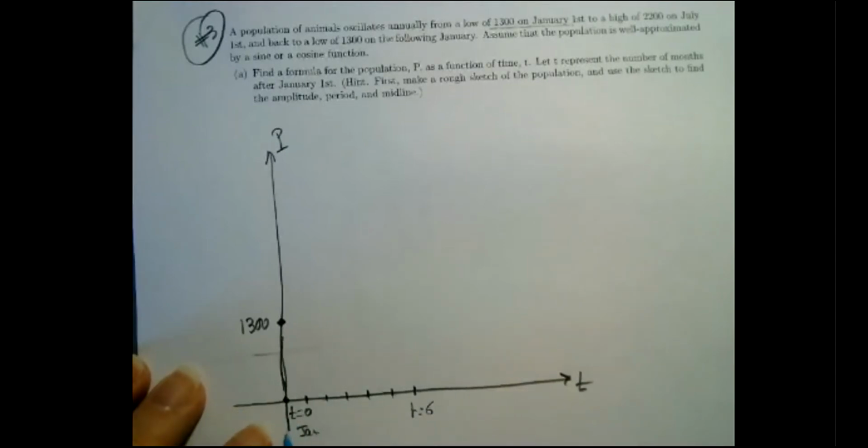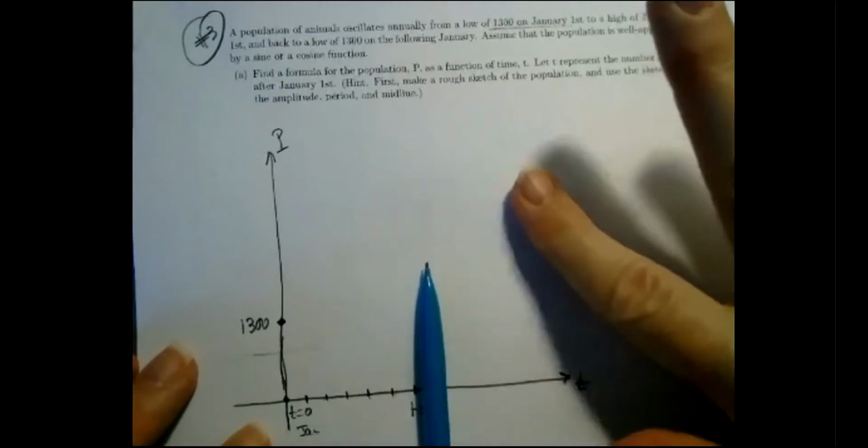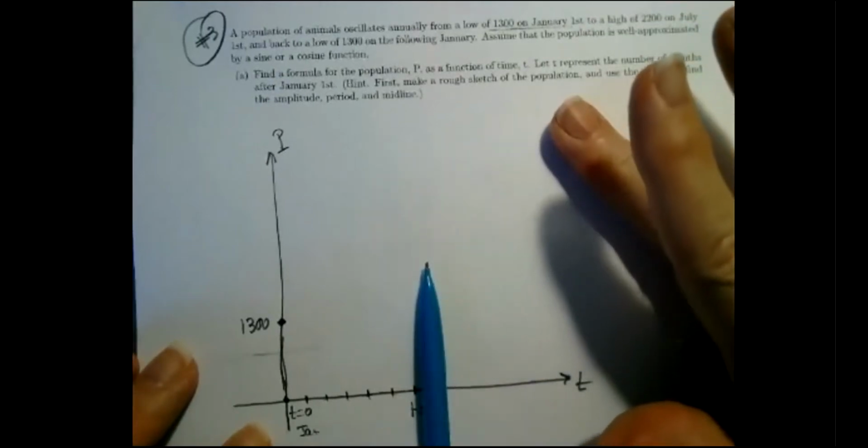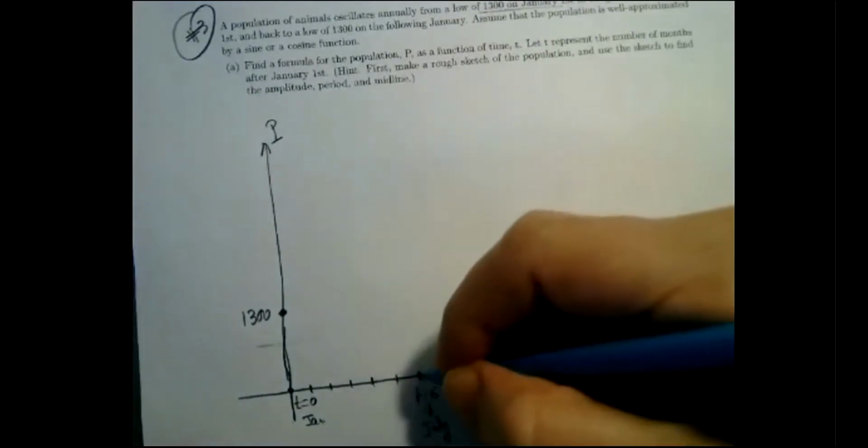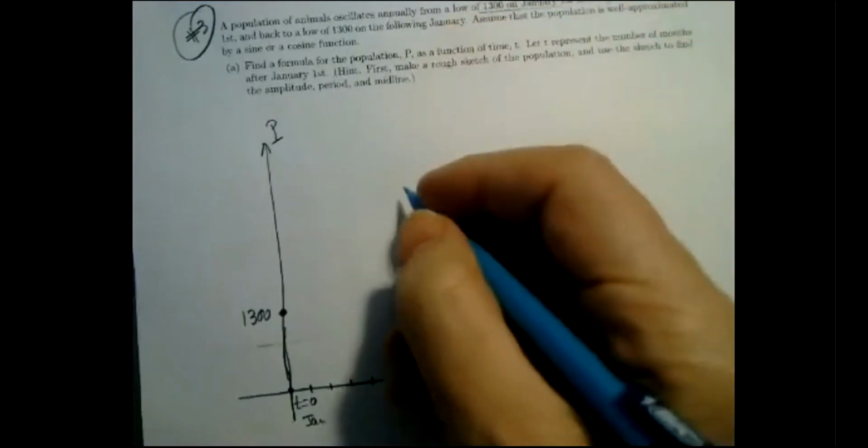All right, you have 7 because you're counting January, February, March. But for them, t equal to 0 corresponds to January. So t equal to 1 corresponds to February, then March, April, May, June, July. So July is t equal to 6. January is not 1. Okay, and so it's picking up here all the way to 2,200.